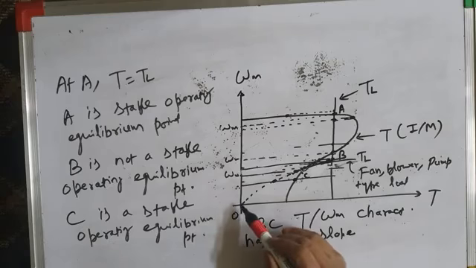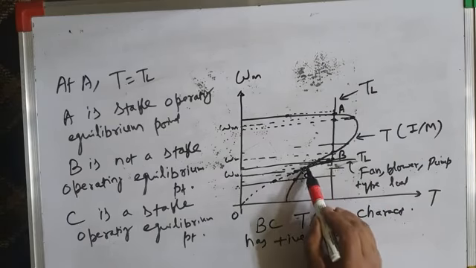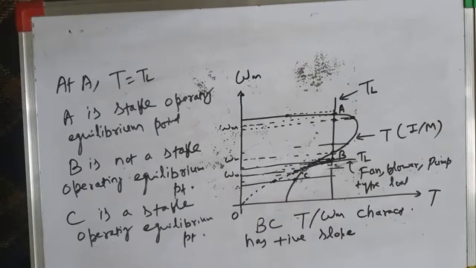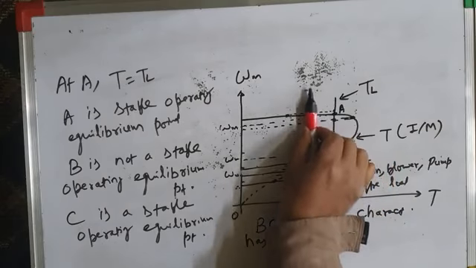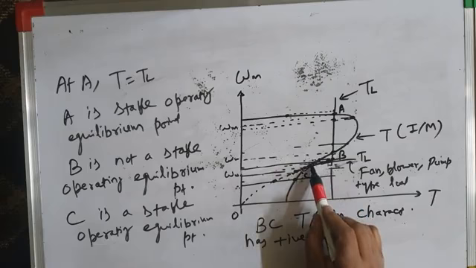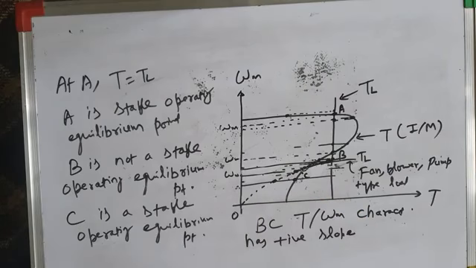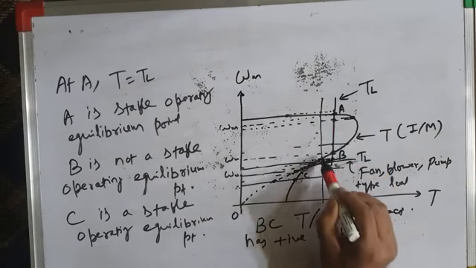Although we have just a few moments back seen that for fan type or blower type of load, this is a stable operating point, this is not true for all types of loads. If you take a constant torque load, and instead of having it here, you have it here, and you have the operating point somewhere here, it will be an unstable operating point. As you have seen already, it's an unstable operating point for this type of load here. It will be an unstable operating point here also.